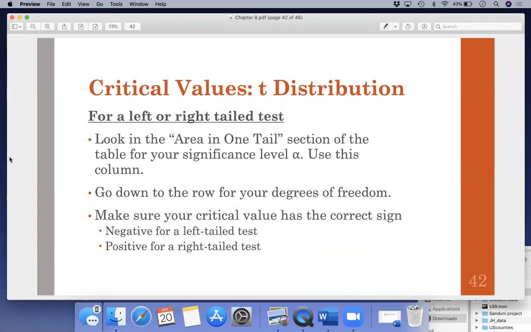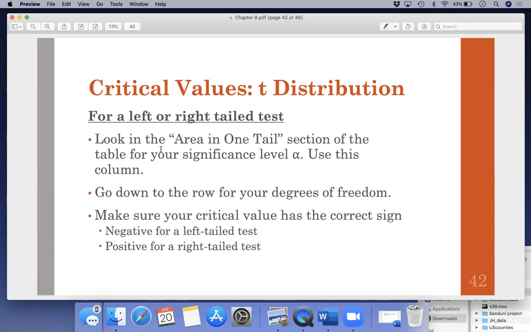What is this? Critical values in t-distribution. Actually, you know how to find critical values, so I will not read these things because we already discussed in our previous chapter how to find critical values in t-distribution. But the special thing in this chapter is that here we have hypothesis tests, so we can have one-tail tests and two-tail tests.